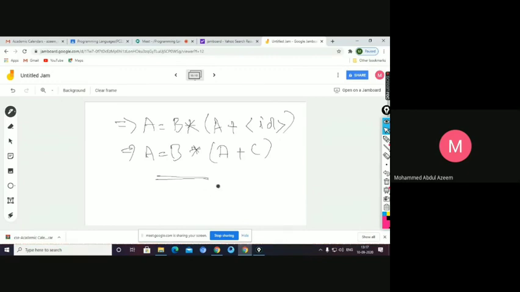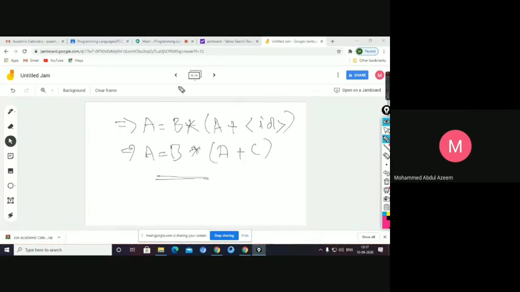Fine. So this derivation which I have done is said to be left derivation, the leftmost derivation. Why should I say it is a leftmost derivation? Because when I was expanding the non-terminals, I was expanding from the left side onwards, right?